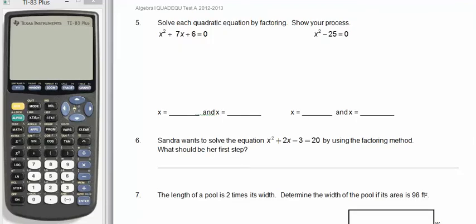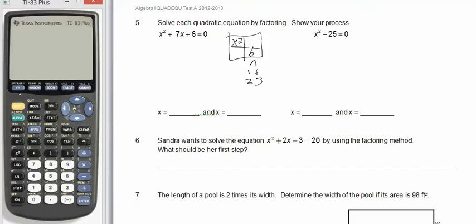All right, when we solve the quadratic equations by factoring, remember we need factors of 6 that when we add them equal 7. We've been drilling this quite a bit. We could do this with the box. X squared, 6, so the factors of 6, 1 and 6 and 2 and 3.